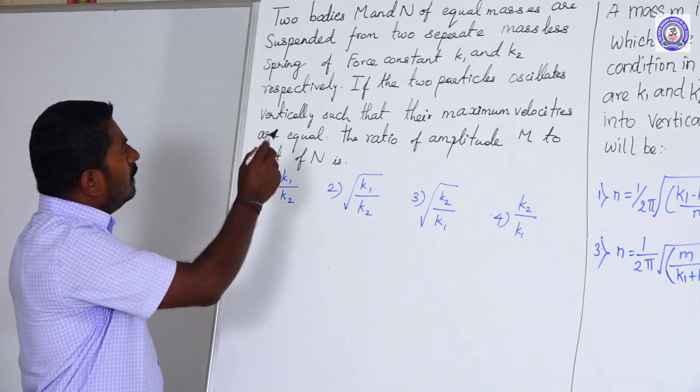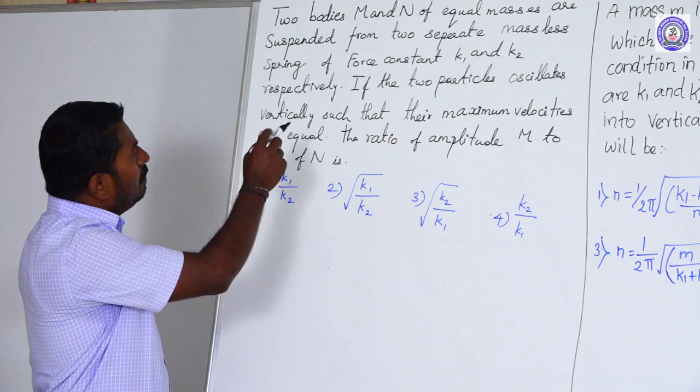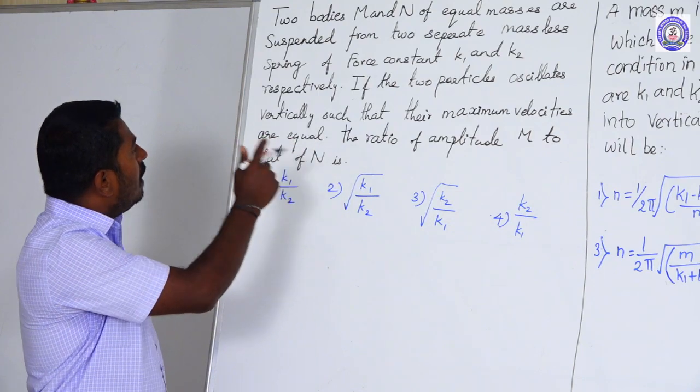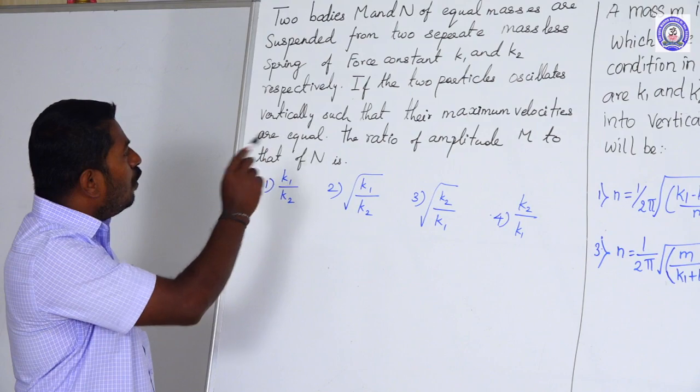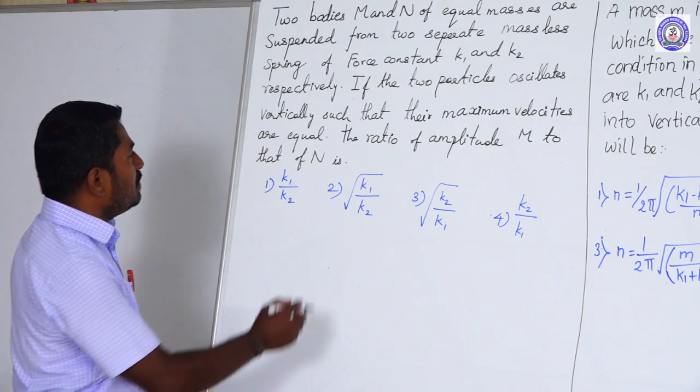Two bodies m and n of equal mass are suspended from two separate massless springs of force constant k1 and k2 respectively.